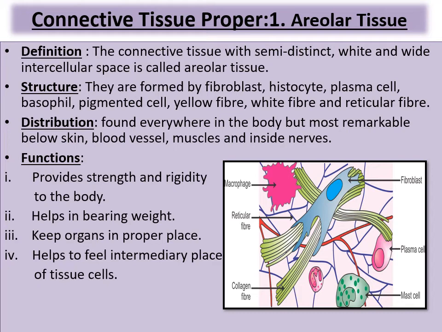They are found everywhere in the body, but are most remarkable below skin, blood vessels, muscles and inside nerves. Some important functions of areolar tissue are that they provide strength and rigidity to the body, help in bearing weight, keep organs in proper place, and help to fill intermediary places of the tissues.